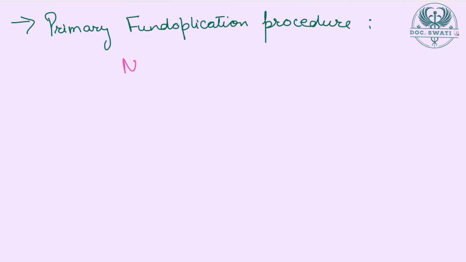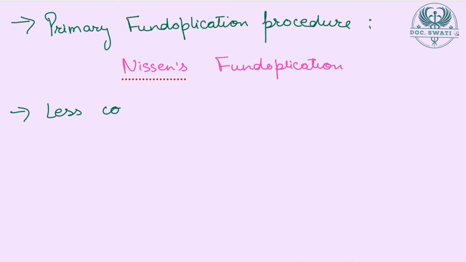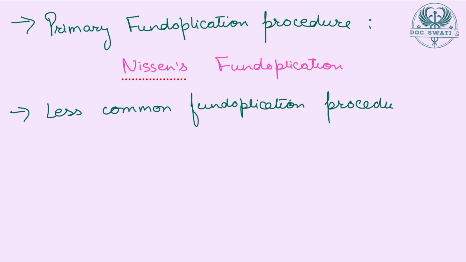So let's end our today's discussion with discussing the different types of fundoplication. Primary fundoplication procedure includes Nissen's fundoplication. Whereas the less common fundoplication procedures include Watson fundoplication and Belsey Mark IV fundoplication.